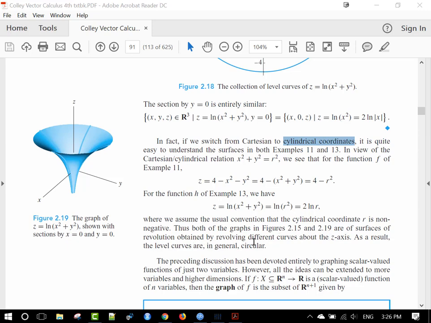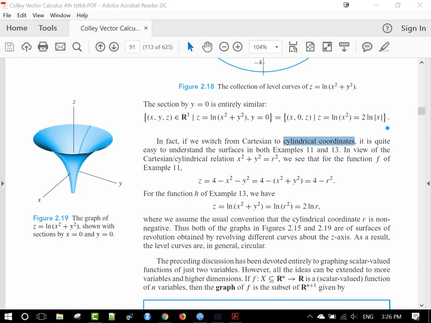Anyway, so this is apparently the shape of the other one. We're not going to go into surfaces of revolution. That's a part of calculus, and we probably won't use cylindrical coordinates. But anyway, this is the shape.